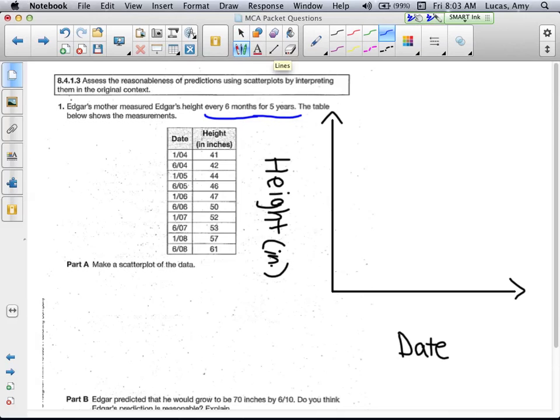Okay, so I need 1, 2, 3, 4, 5, 6, 7, 8, 9, 10 different dates. So 104. And then 604. 105, 605, and so on.